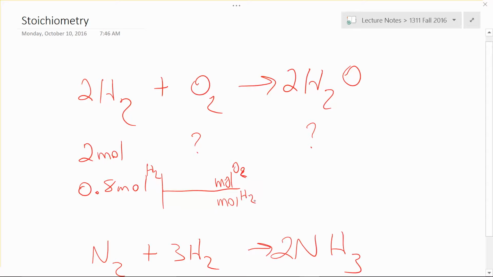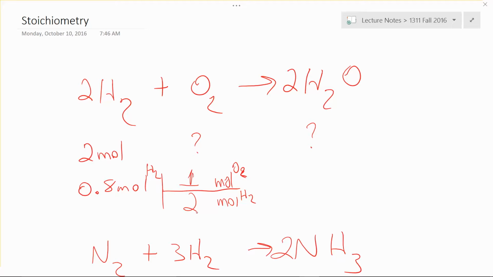Moles of H2. According to your balanced chemical equation, what number would I put on top for this conversion factor? 1. What number would I put on the bottom? So for every 2 moles of H2, I need 1 mole of O2, right?